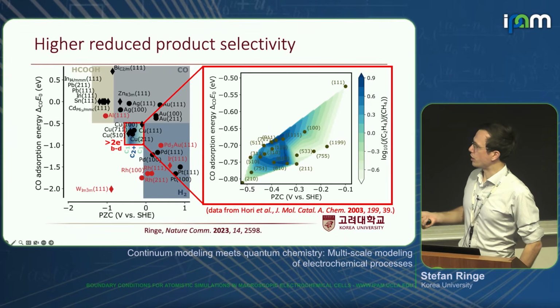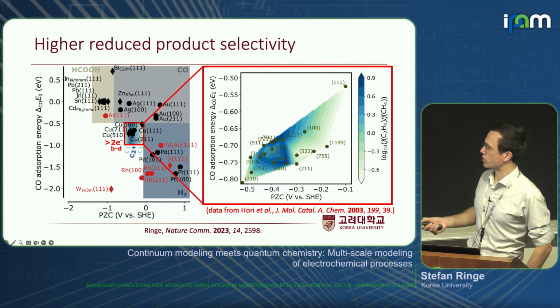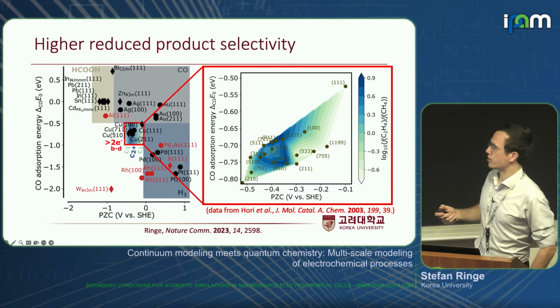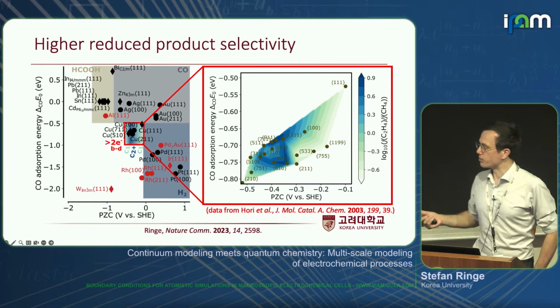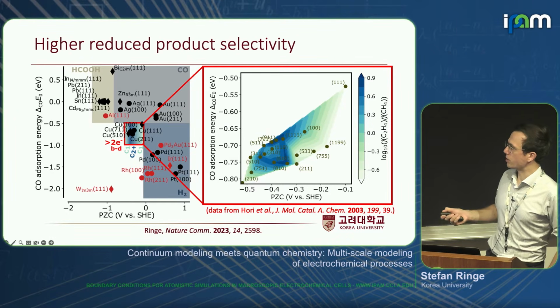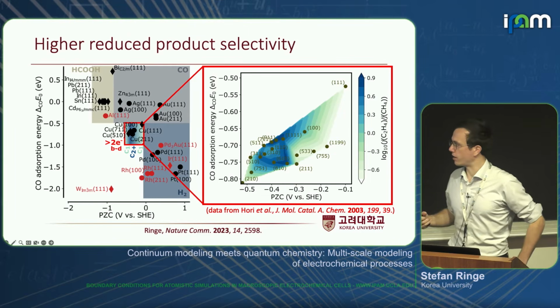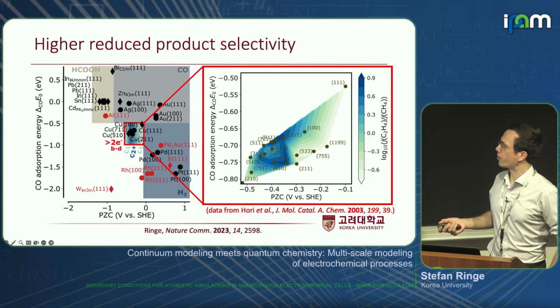And when we look into the block of copper facets, we can also see that they form some kind of volcano-like trend as a function of this descriptor, which is also related to the fact that the rate-limiting step here is the CC coupling, which is also driven by the electric double layer.